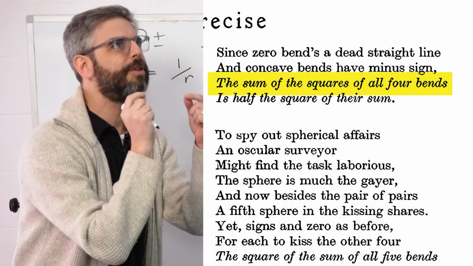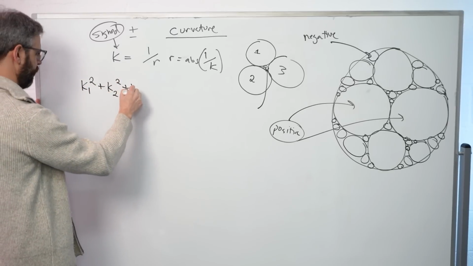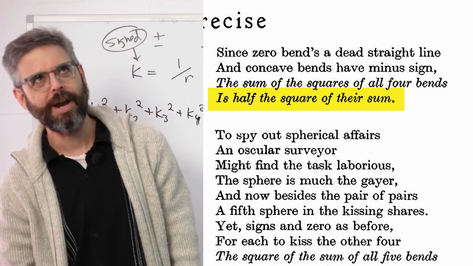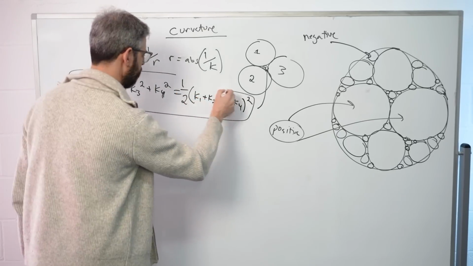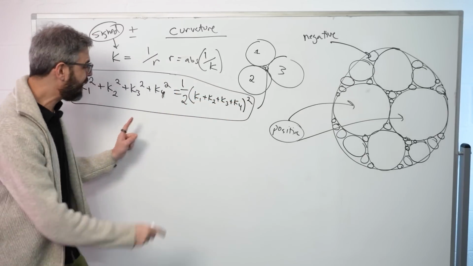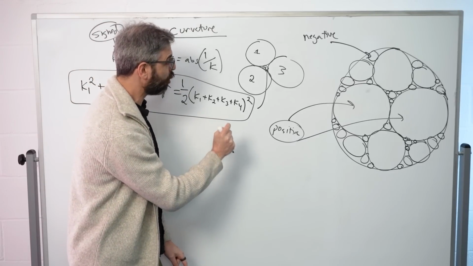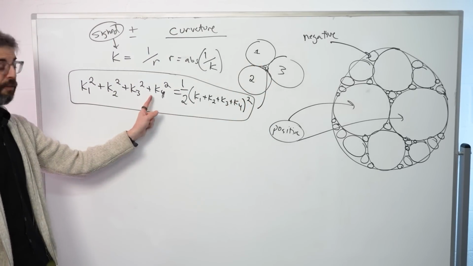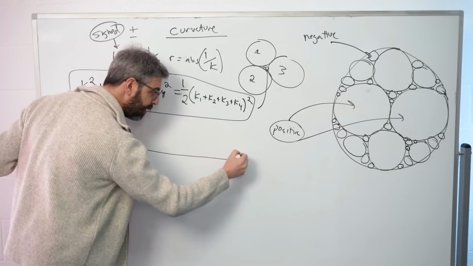The sum of the squares of all the bends is equal to half of the square of the sums. So if I could somehow take this equation, knowing the curvature for circles 1, 2, and 3, could I solve for curvature 4? K4 equals what?